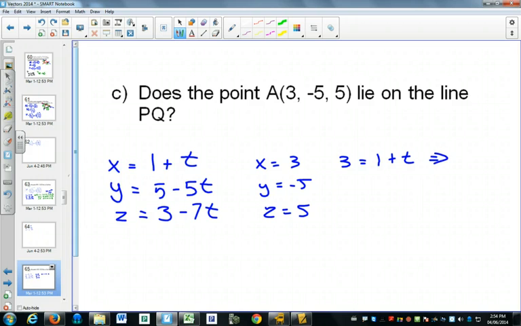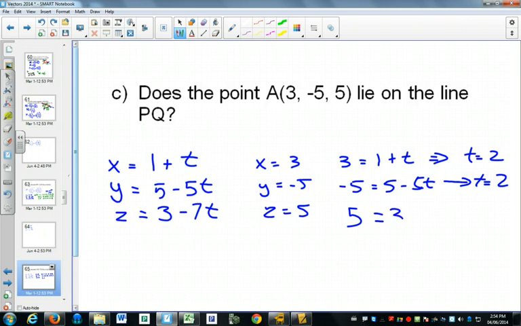This would imply that t is equal to 2. -5 equals 5 minus 5t gives you that t is equal to 2. So exciting. And then, oh no. T is equal to -2/7. So this one is not on the line.